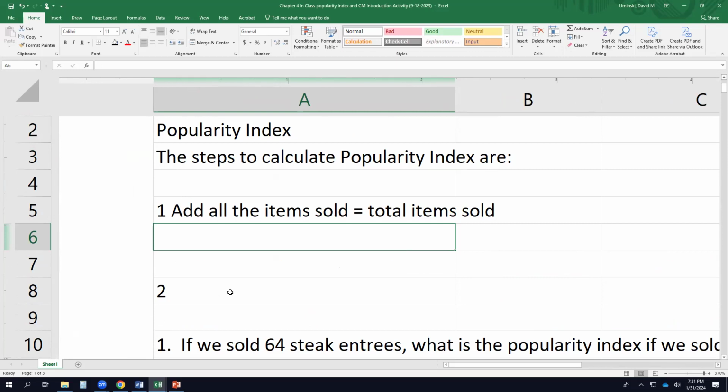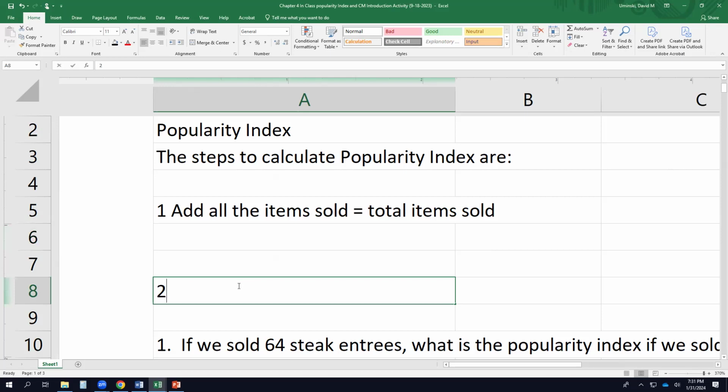The second step is to divide each item by the total sold. We are essentially finding the popularity percentage.